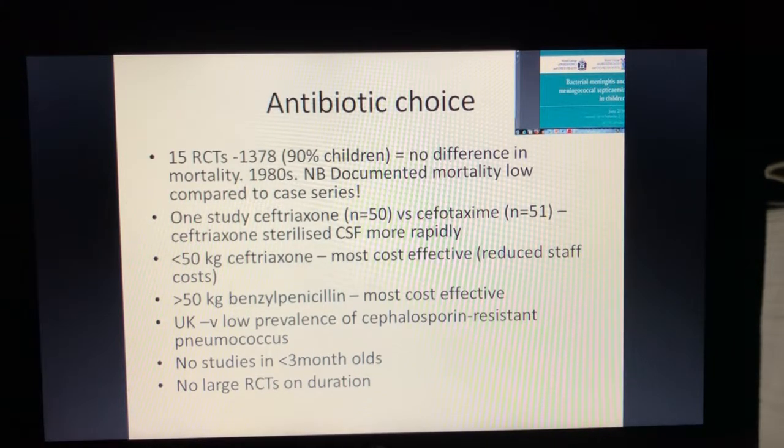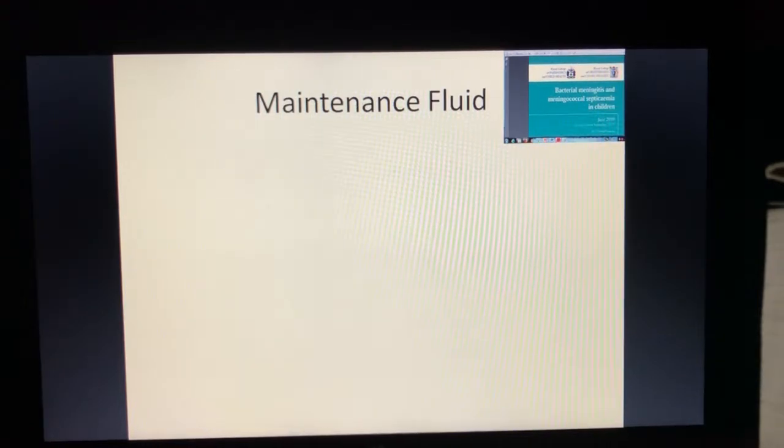Moving on to intravenous fluid, most patients will end up receiving this, which is understandable because poor feeding, vomiting, and lethargy are relatively common.